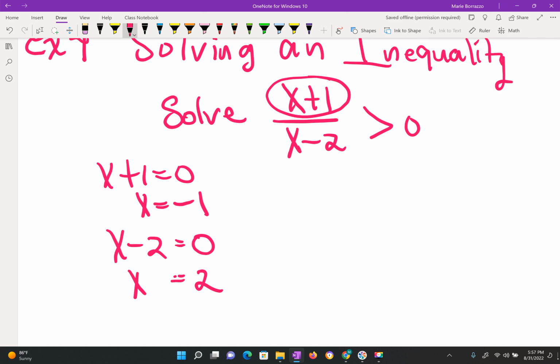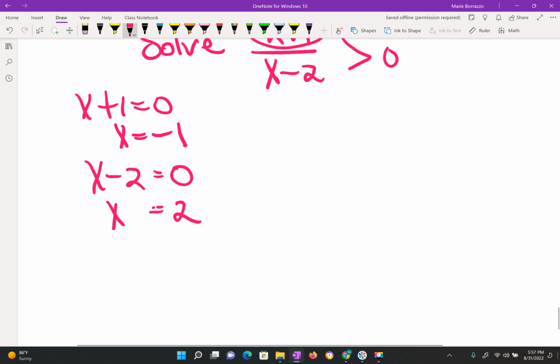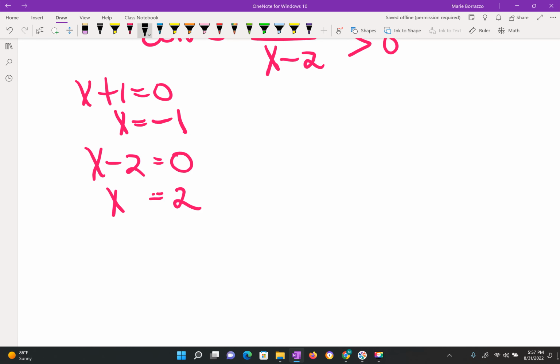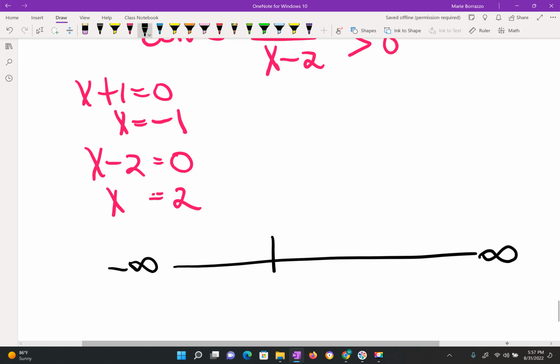Notice that I'm using equals, not greater than or less than, because these are my breakout points. So basically, I have negative infinity here, positive infinity here, negative 1, and positive 2. Those are my cutoffs, gates, whatever you want to call them. They're my limits. I'm stopping there.